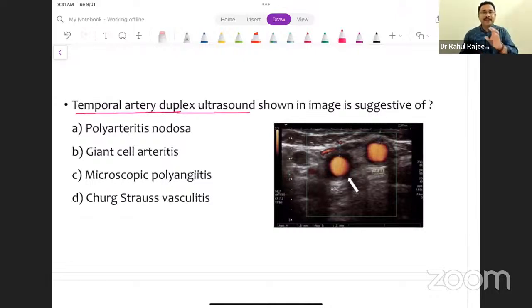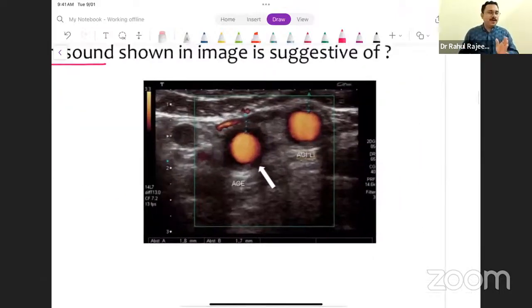Among the various vasculitic syndromes, which vasculitis mainly involves the temporal artery? Giant cell arteritis. And if you look at the image given in the question, you can see there is a region of blood flow, but are you able to appreciate that just surrounding the region of blood flow, there is a hypoechoic halo-like region?